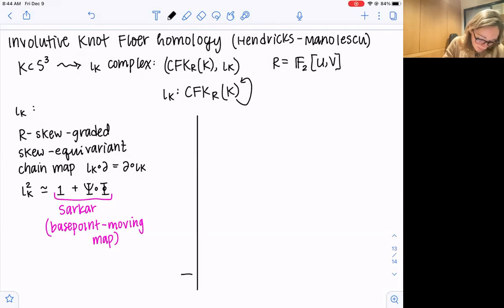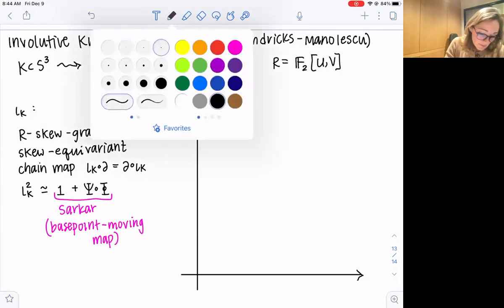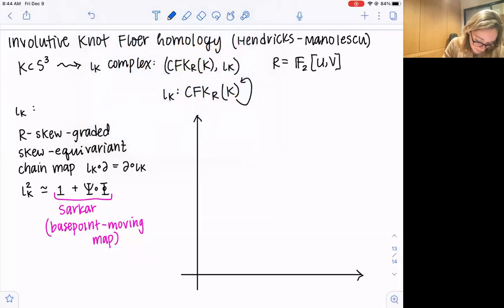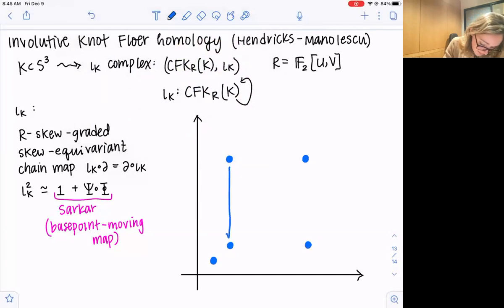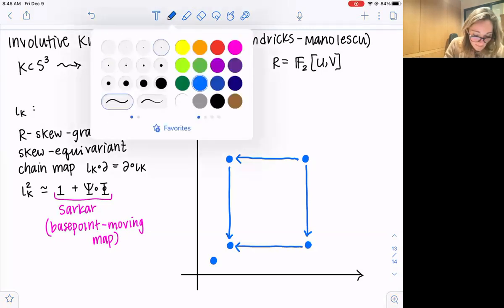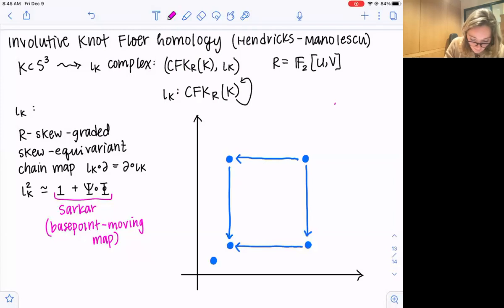So I'm going to give you a model of the knot Floer complex of the figure 8, since it's quite simple. This is what it looks like in the IJ plane. It's just one lone generator and then an acyclic complex like this. And the iota K action will be denoted in pink.